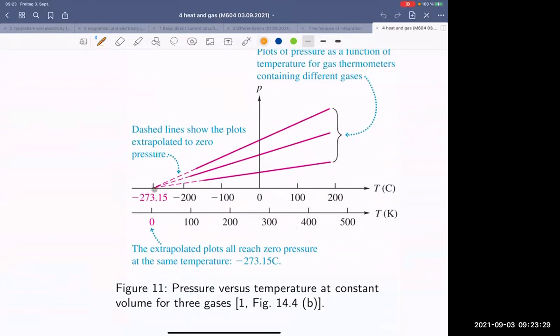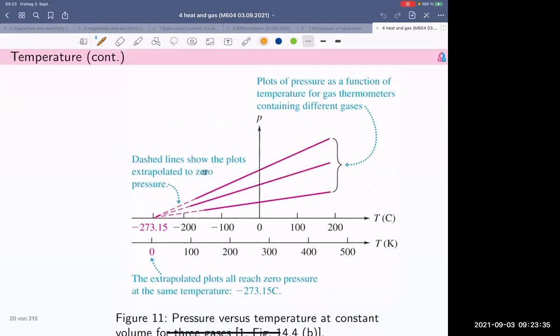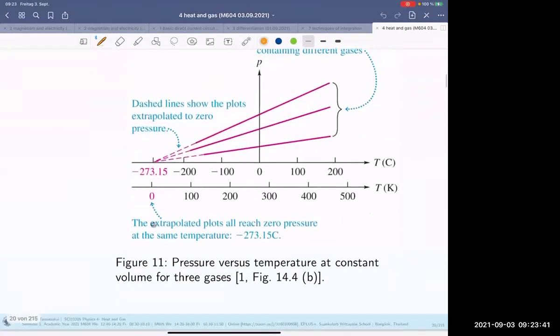Okay, everything will be solid, and that slide shows the plots extrapolated to 0 pressure. Yeah, because of the development inside, we need to have this scale. Okay, it's another kind of temperature, but it's measured in Kelvin. We say this one is 0. Okay, 0 Kelvin.